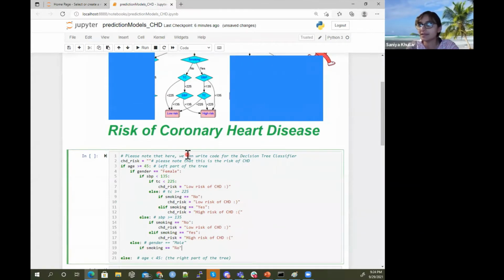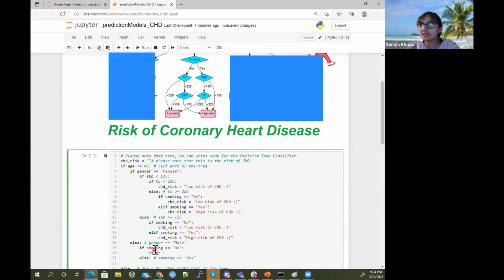So this is the left side. And then else means that smoking equals yes. So this is the right side. So if smoking equals no, now we're focused on this side. Then we're checking total cholesterol level.